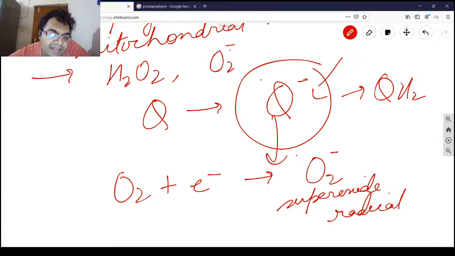Now, when the superoxide radical has been produced, you are in a big problem. Its formation also leads to production of an even more reactive hydroxyl free radical, the OH radical. That can happen. So this is even worse.